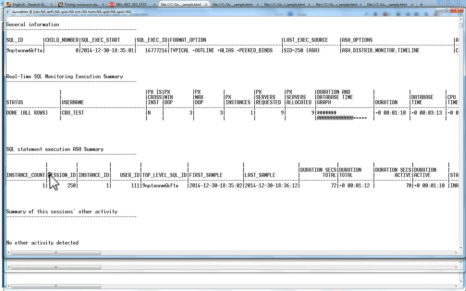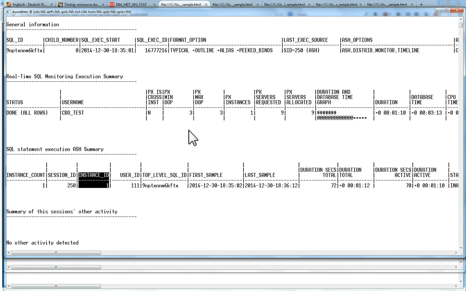Then you get information about the session ID in which this main execution was done. Either if it's serial execution, then of course this is the session that actually did the execution, but if it's parallel execution, then the session ID here is the so-called query coordinator session, and also you get the information about on which instance this session was.